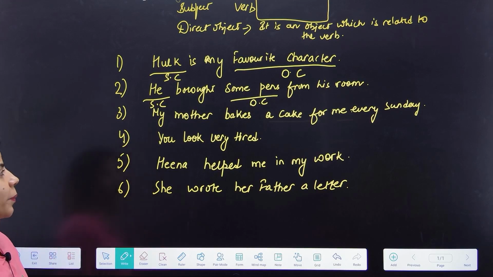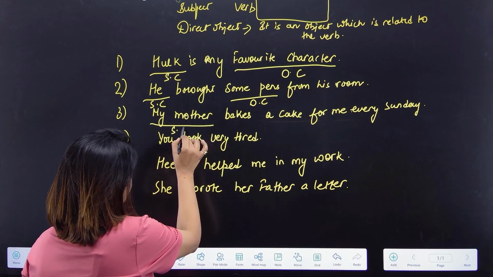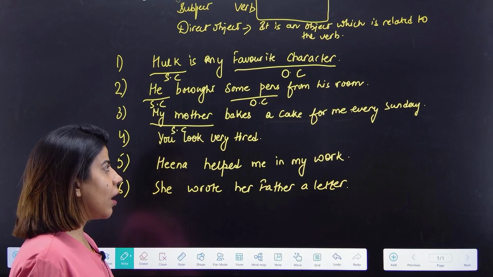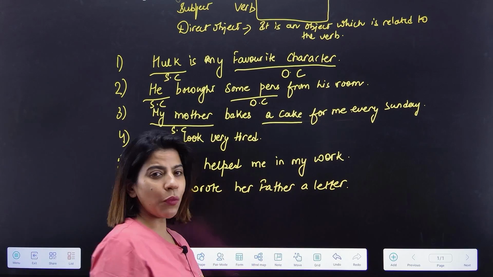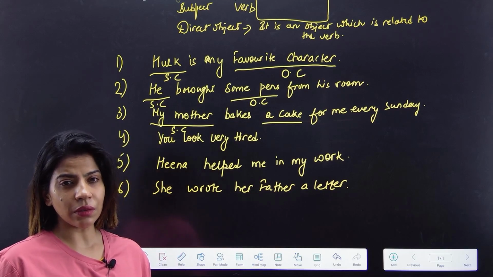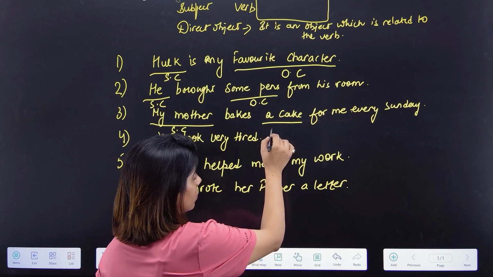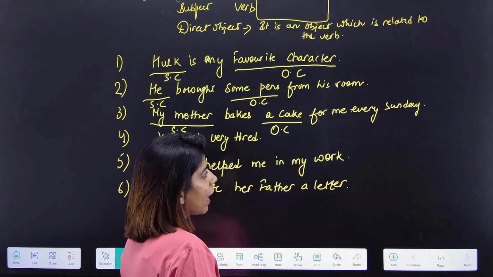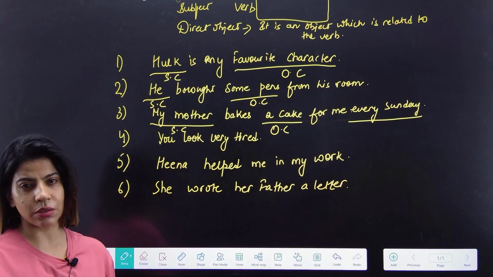My mother bakes a cake for me every Sunday. My mother, subjective case. A cake is objective. And do we have more than one object in this? No. Every Sunday is not an object.